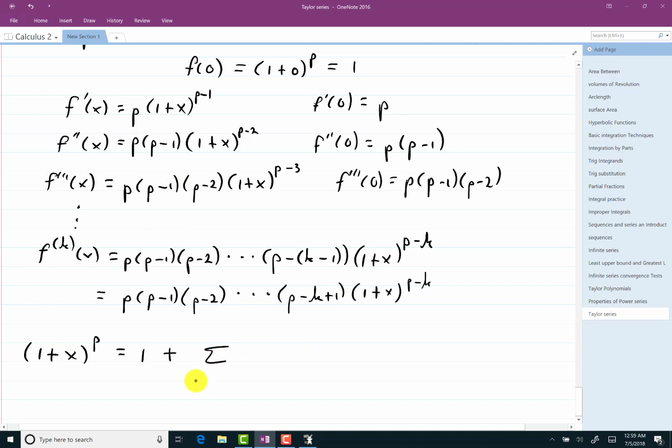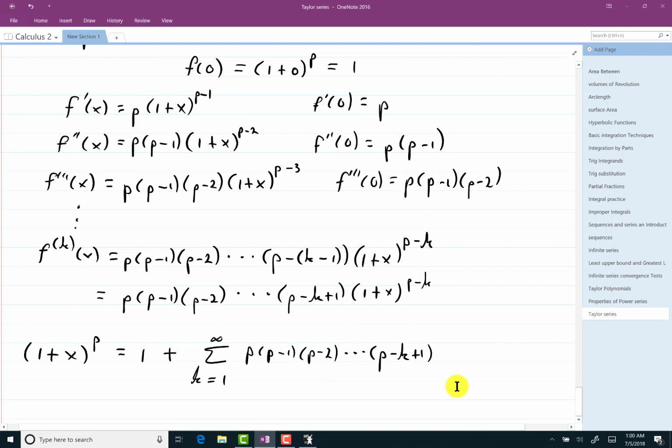Then I can start k equals 1 to infinity. Then I'll have p times p minus 1 times p minus 2 dot dot dot p minus k plus 1, and that's where these numbers were, f to the k would have that.